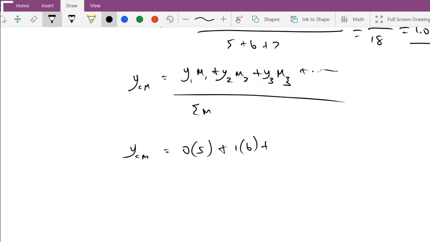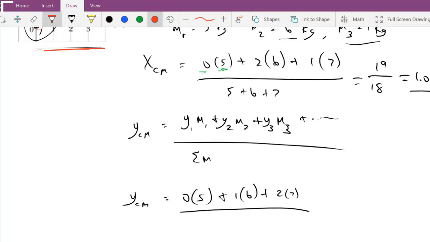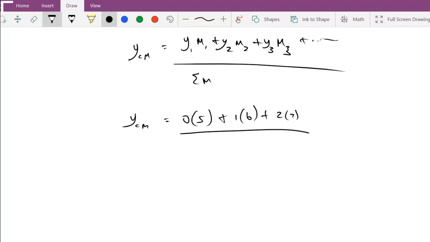So plus 2 times 7, divided by the total mass, which was the same as the total mass we had previously. So this is just 18. So this is equal to 20 over 18, or 1.11 meters.